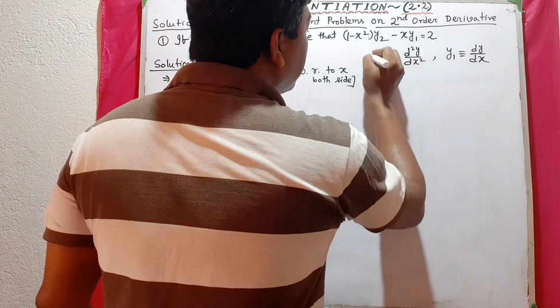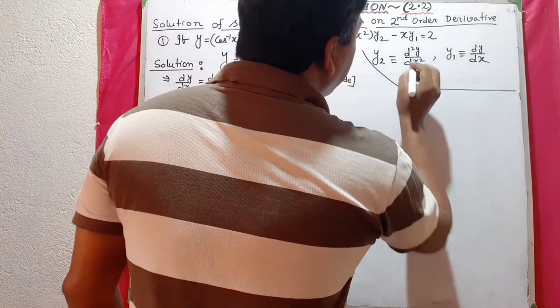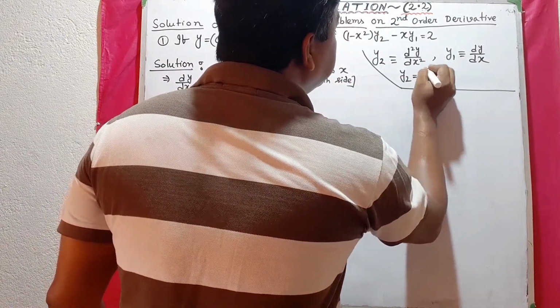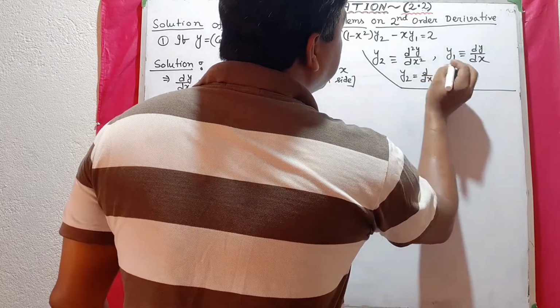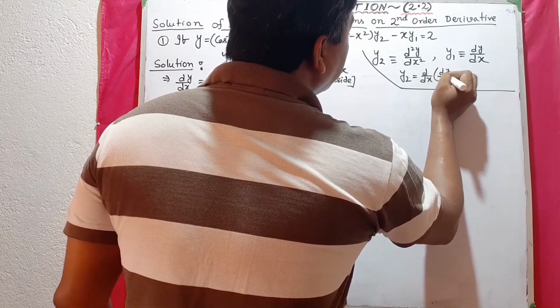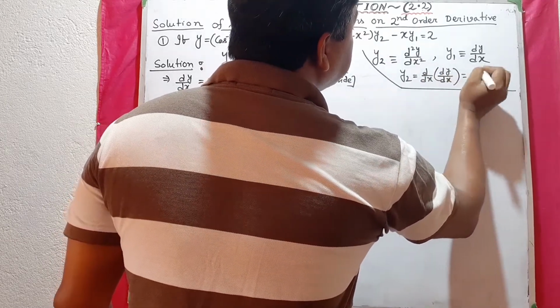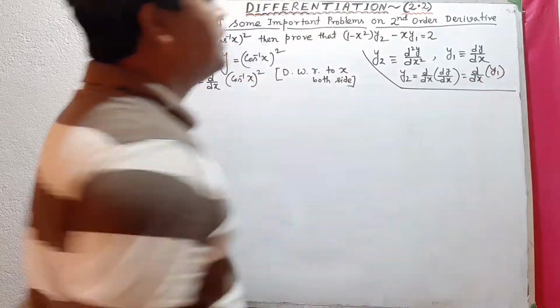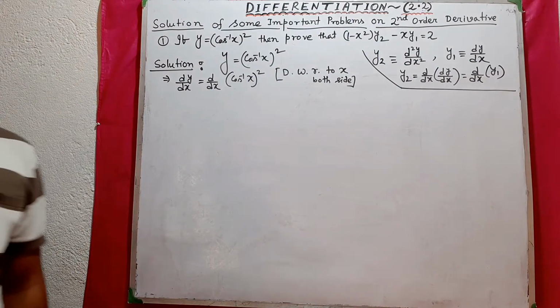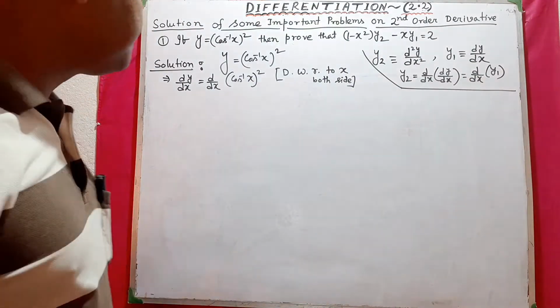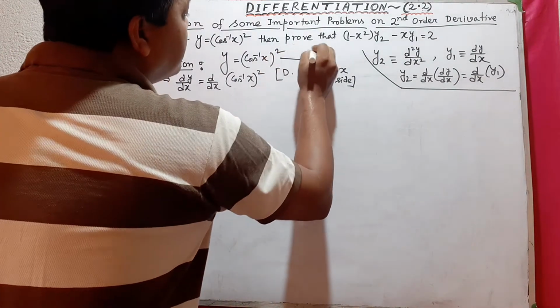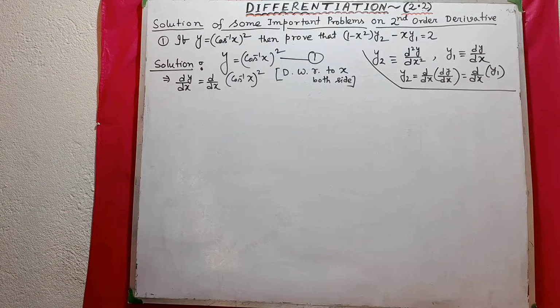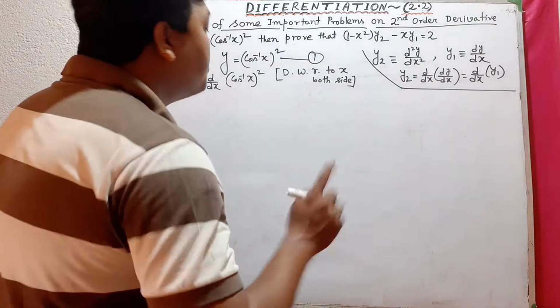Here also y2 means d/dx of dy/dx, or you can say d/dx of y1, and y1 equals to dy dx. So this is the equation number 1. And now differentiate with respect to x both sides.